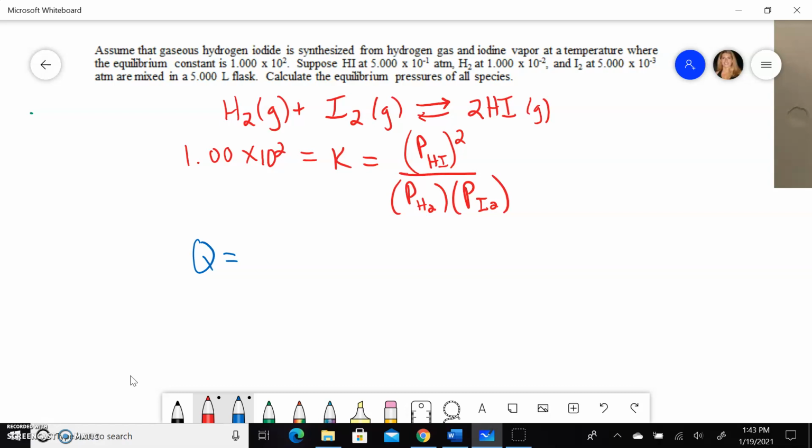So we're going to do the pressure of HI squared over the pressure of H2 times the pressure of I2. And they gave us these pressures in the question.